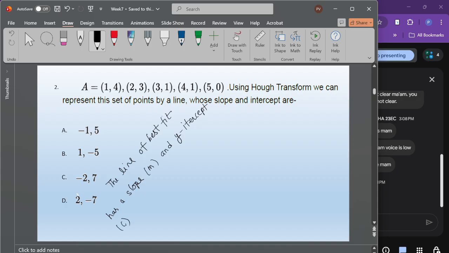That is, the intercept is c. So slope m is calculated by this equation, that is the summation of xi minus x bar and yi minus y bar, where x bar and y bar are the mean values in the x and the y direction, divided by the summation of xi minus x bar whole square. So this is the formula to find out the slope.